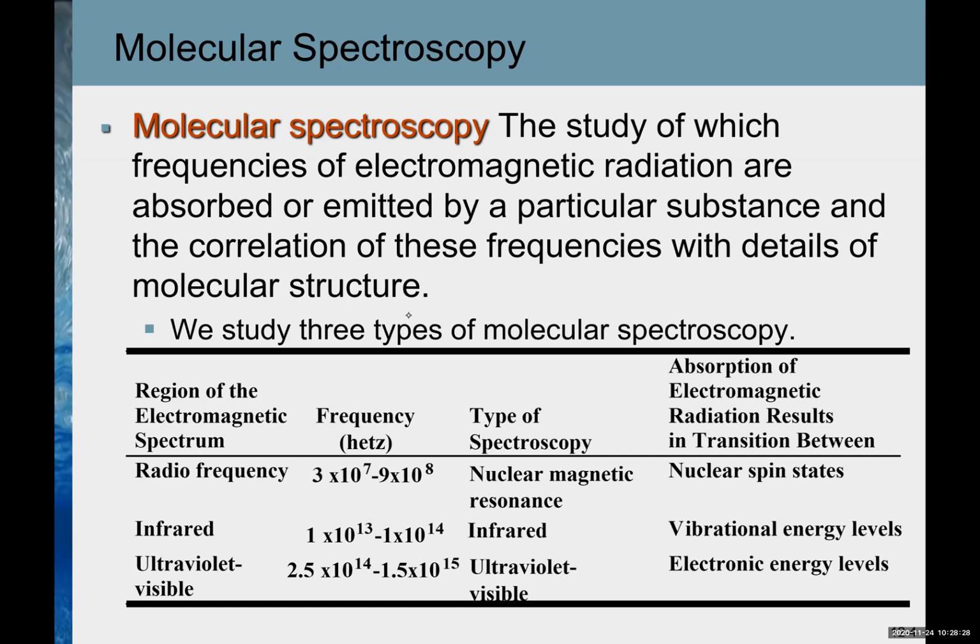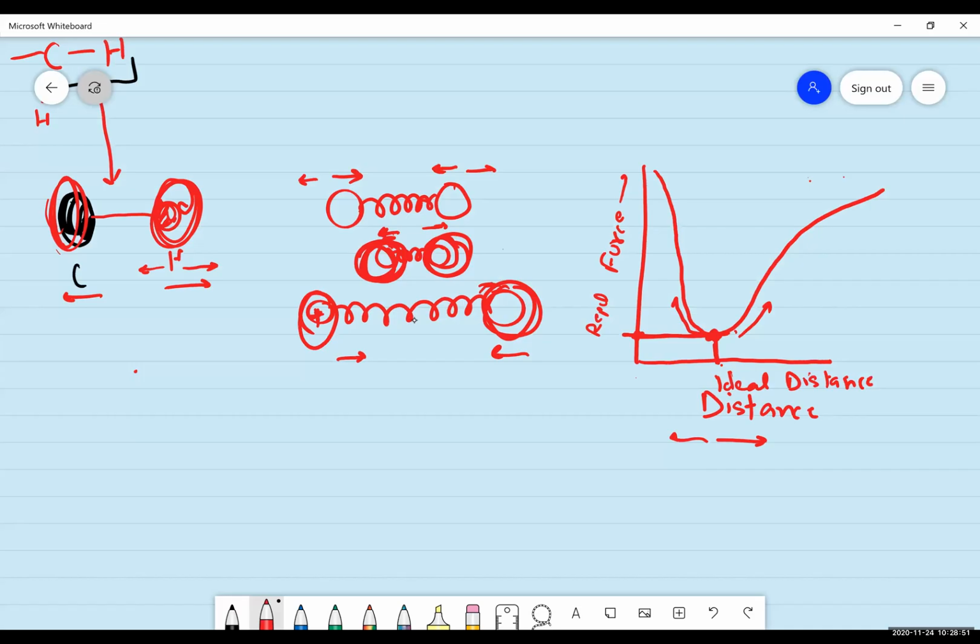So in spectroscopy, or molecular spectroscopy, we study the frequency of electromagnetic radiation which is absorbed or emitted by a particular substance, and the correlation of these frequencies with details of molecular structure. Let me go back to my drawing there. What do I mean by that?